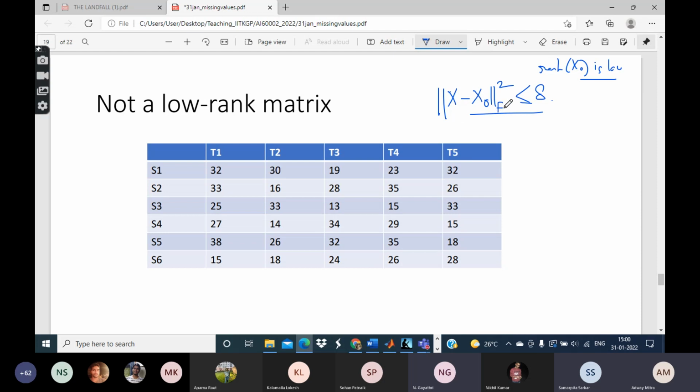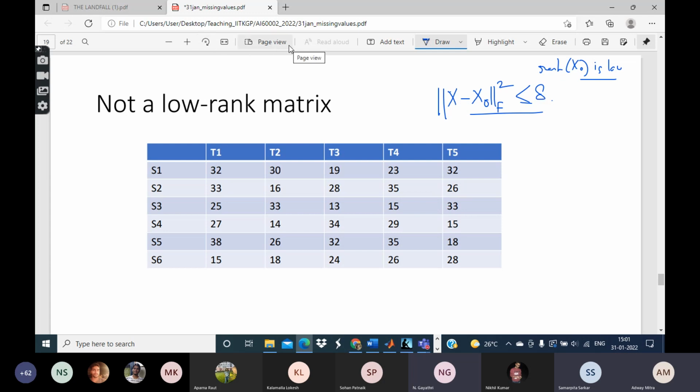The squared Frobenius norm of any matrix is basically the sum of the squares of all the elements. So if you take an element by element difference between them, square up all the differences and add them up, it's something similar to the net squared error between the two matrices. That is not going to be large, it's going to be quite small.